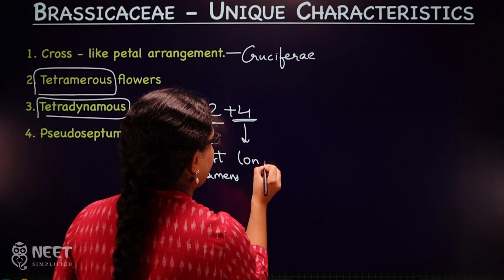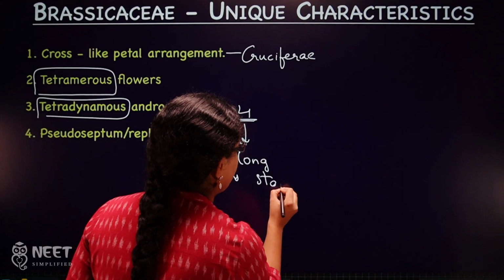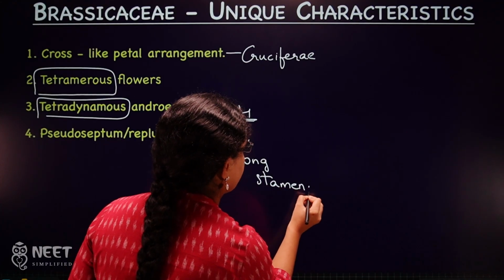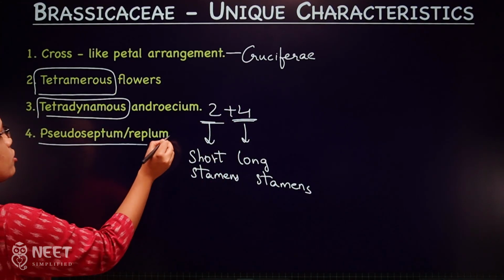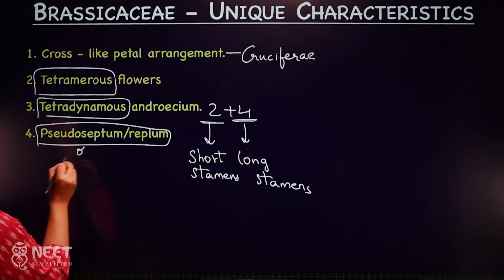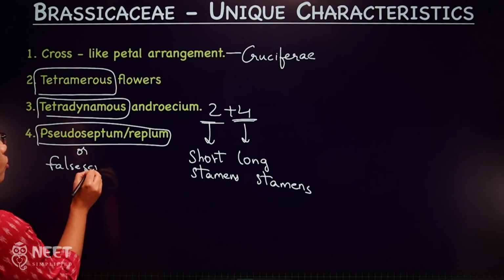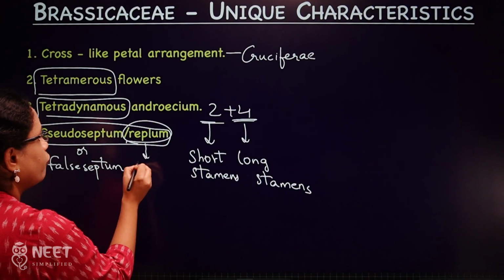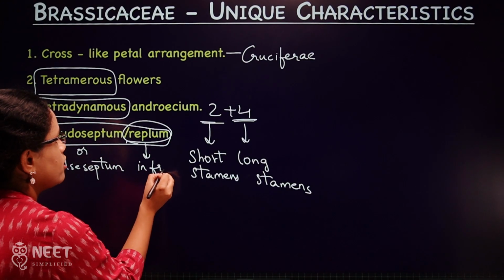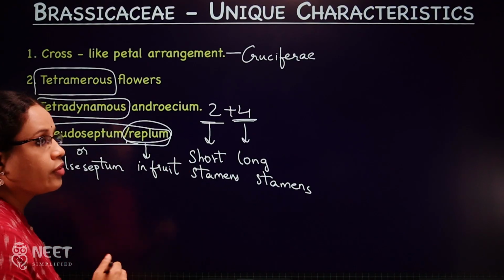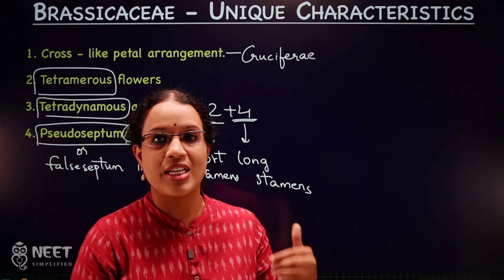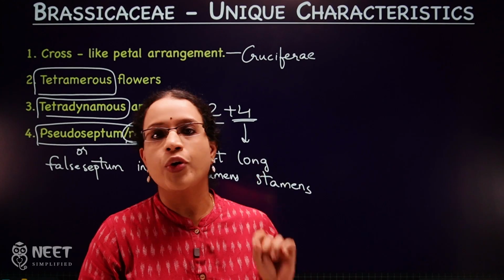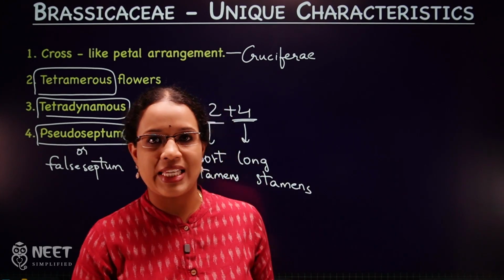So do not get confused with Tetramerous and Tetradynamous. Now, coming to the presence of pseudo-septum, also called false septum, that is also called Replum in fruit. This particular characteristic is very special or unique in case of the Brassicaceae.